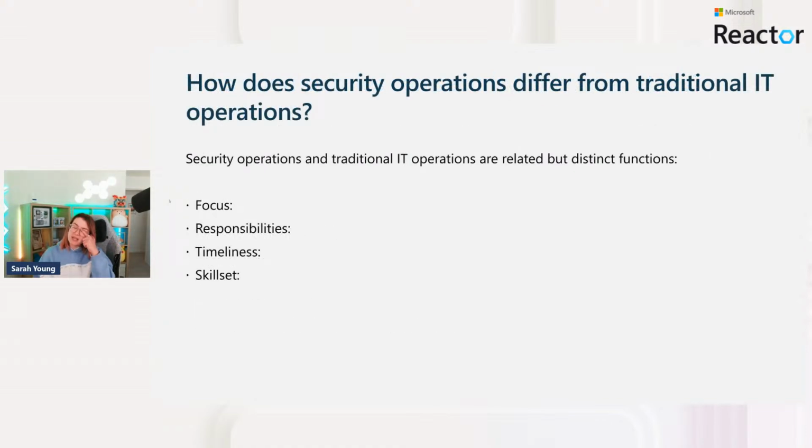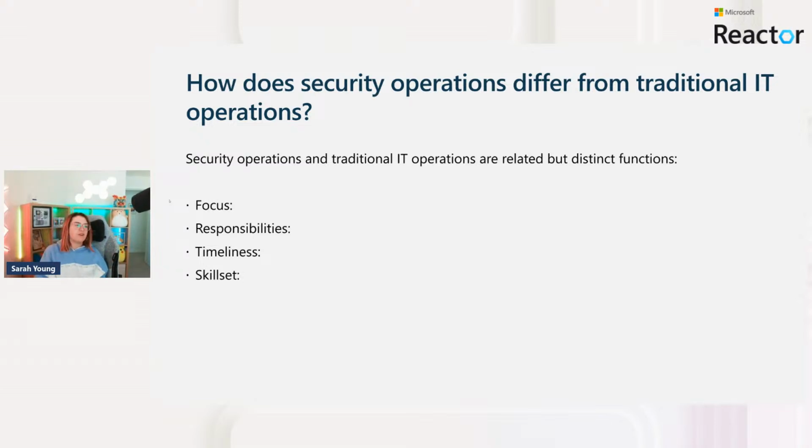So I guess one of the things to talk about here is, how does security operations differ from traditional IT operations? So there is a lot of overlap, no doubt, but of course, security operations has a different focus.